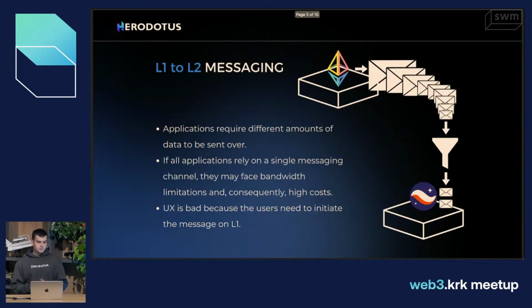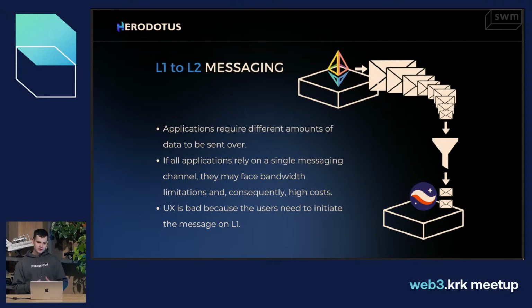The second approach is the native L1 to L2 messaging systems, and vice versa; you can also send messages from L2 to L1. These are usually provided by layer 2s and L3s, etc. I like to view them as a tunnel. There's a limitation on the bandwidth.